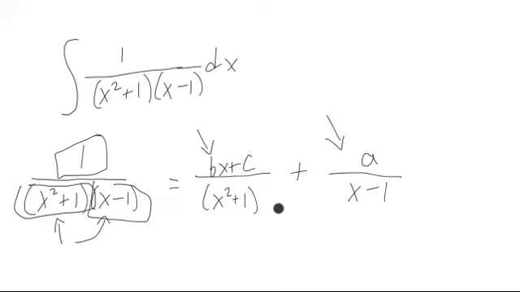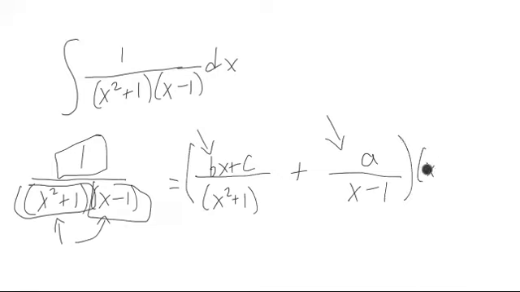Now, we can start by plugging things in. In fact, sometimes it's nice to do as follows. If you multiply everything out by this denominator, x squared plus 1 times x minus 1, look what happens.